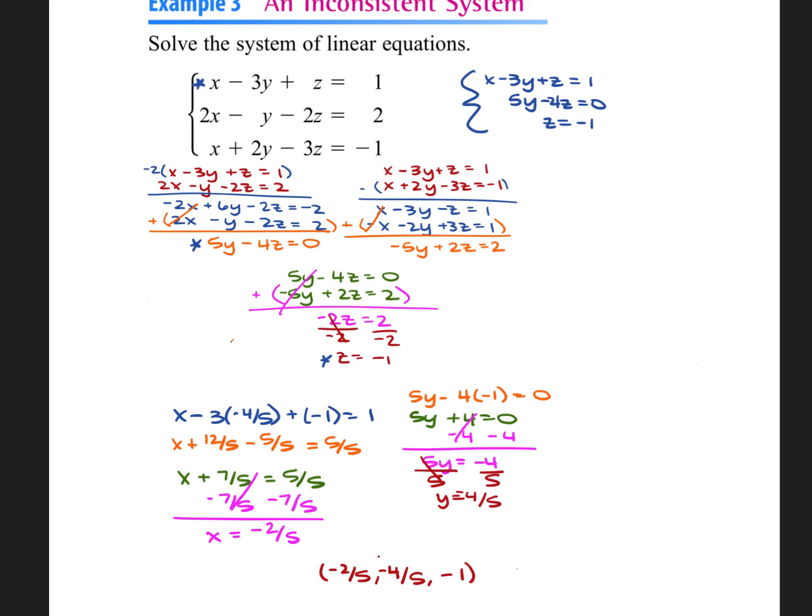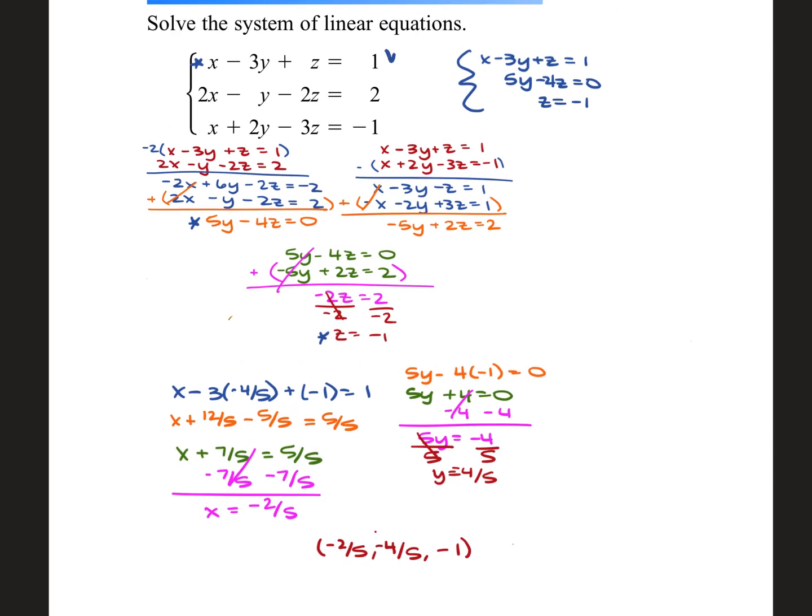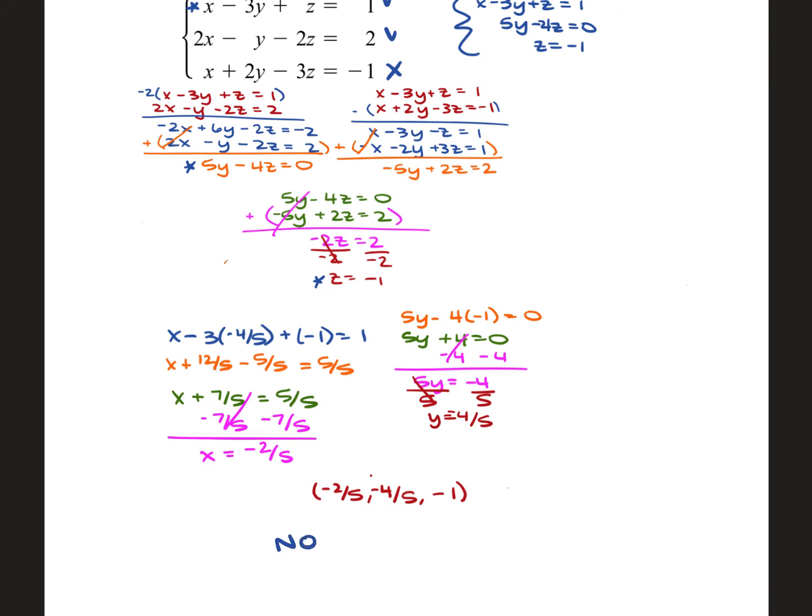Then the bottom one, we have x, which is -2/5, plus 2 times -4/5 minus 3 times -1 gives us 1, not -1. So because that bottom one is the only one that doesn't work, it makes the entire thing have no solution. So this top one works, this middle one works, but the bottom one doesn't. So again, we have no solution.